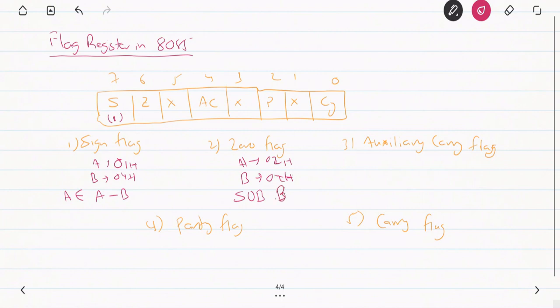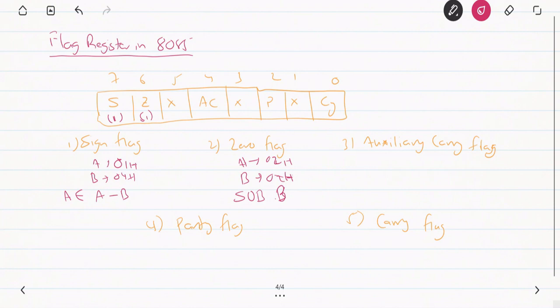This subtraction is going to subtract 02 from 02 and the result will be 0. Based on the subtraction result, the zero flag is now set. So whenever any operation leads to a 0 result, then the zero flag is set, or else the zero flag is reset.